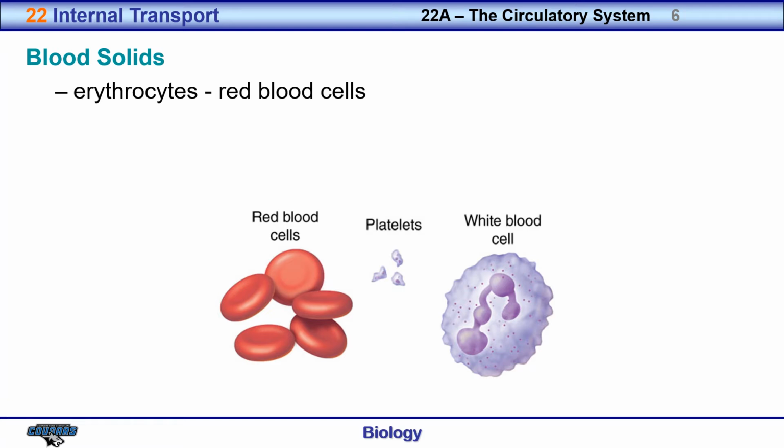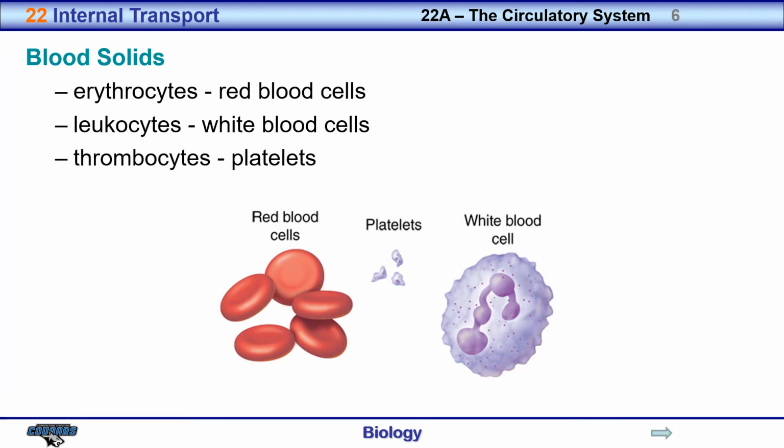They're the ones that carry oxygen primarily. The leukocytes are the white blood cells. They're the ones for fighting disease. And then we have the blood platelets, called thrombocytes, and they're the ones that help our blood to clot, to reduce bleeding and promote healing.